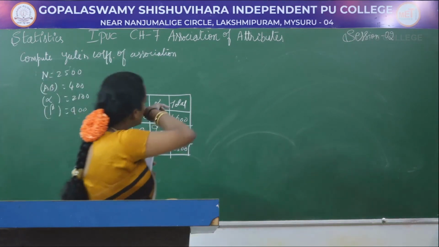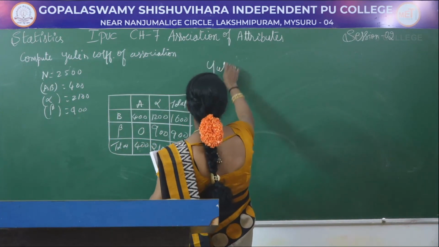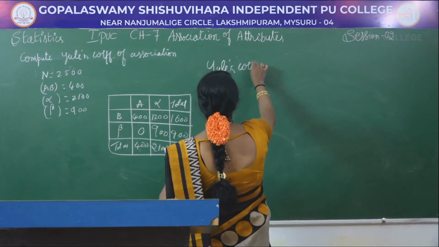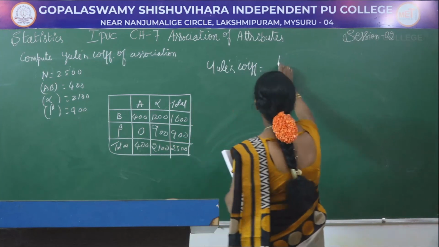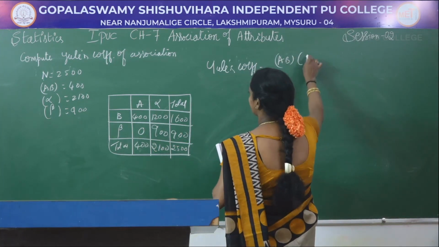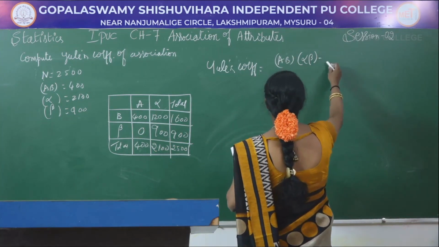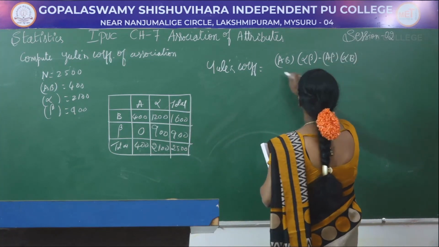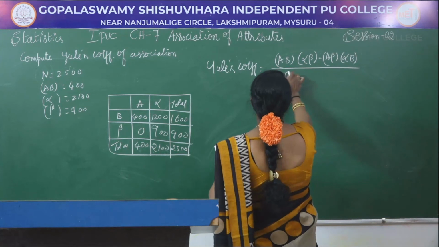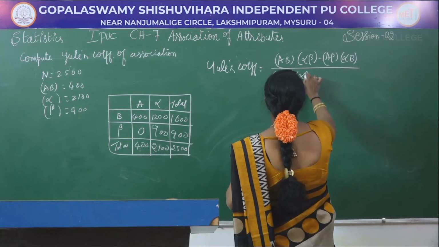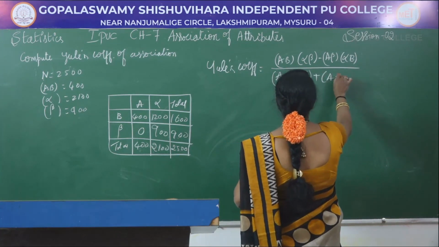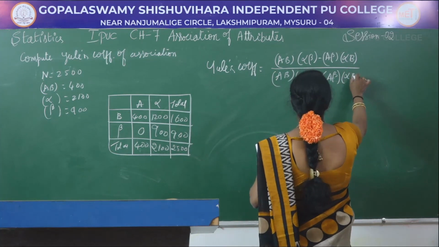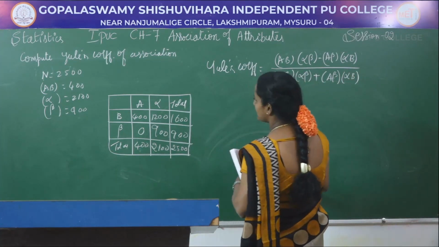Next we will move on to the Yule's coefficient. Yule's coefficient is equal to AB alpha beta minus A beta alpha B divided by AB alpha beta plus A beta alpha B. Now substitute the values.